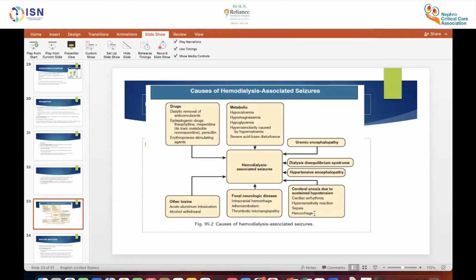Albumin bound calcium will be less. Whereas when your metabolic acidosis gets corrected to alkalosis, some fraction of the ionized calcium will go and bind with the albumin, and there is a relative reduction of the ionized calcium.